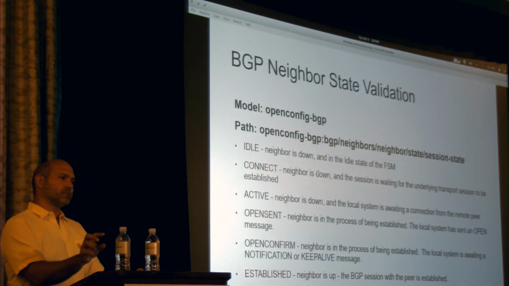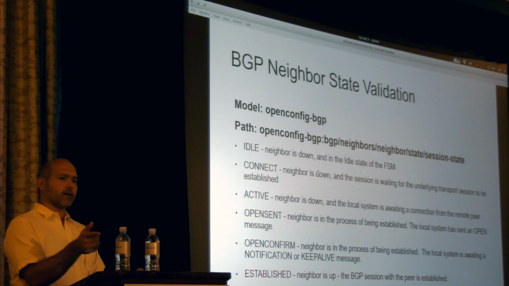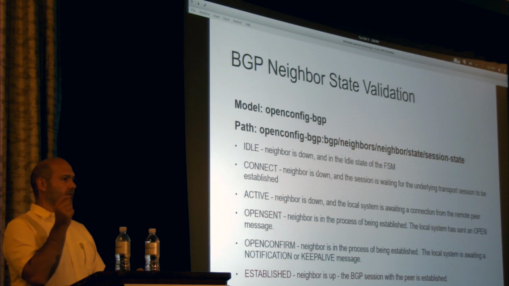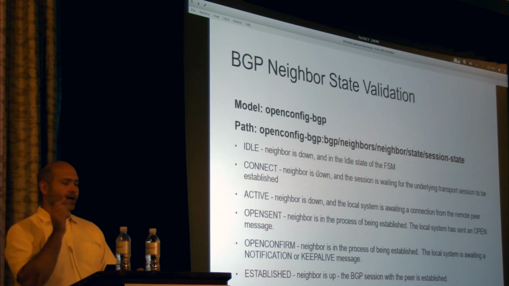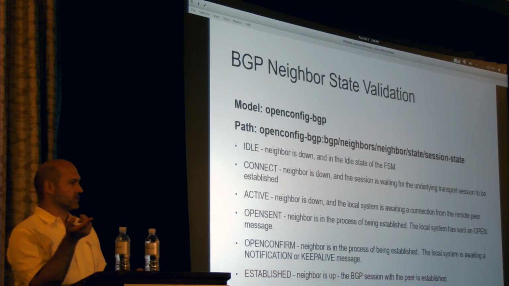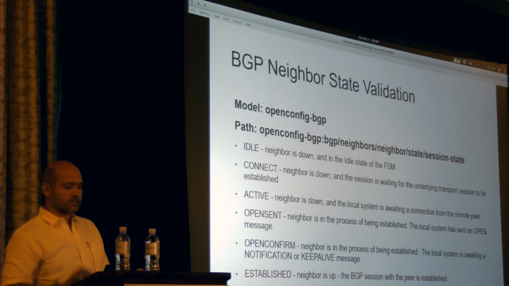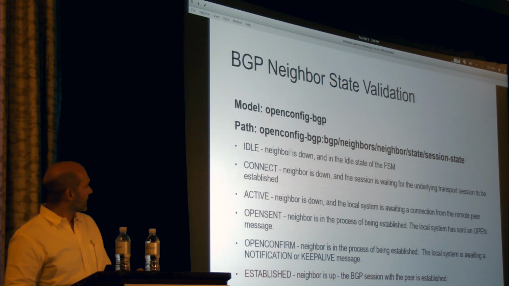After the BGP configuration is pushed, the last step is for my script to verify that the BGP session came up. And again, I don't want to be polling the router. I want to be listening to the Kafka bus for telemetry messages that are being streamed from the router, and look whether my session came up or not. Okay?